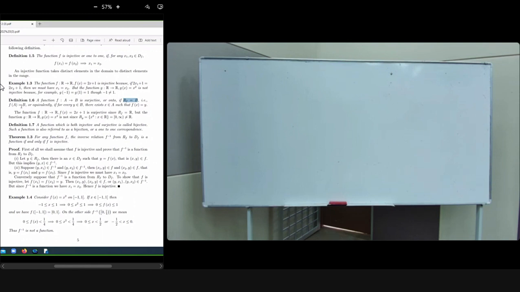If that f of a is equal to b, where b is in the codomain of f, then this equation helps us to find the surjectivity. If you remember, for example, these two examples, one is a linear function, one is a quadratic function. For the quadratic function, look, g maps R to R. So the domain is the whole of R.